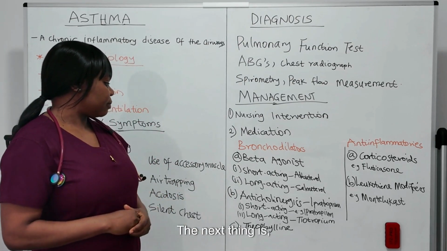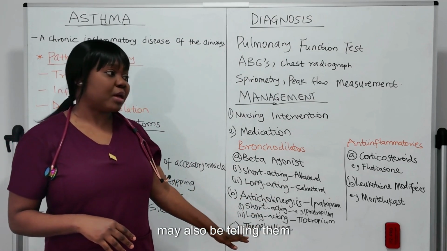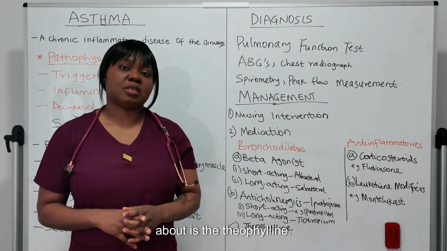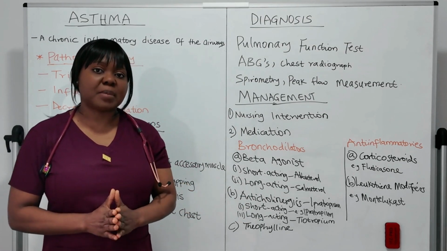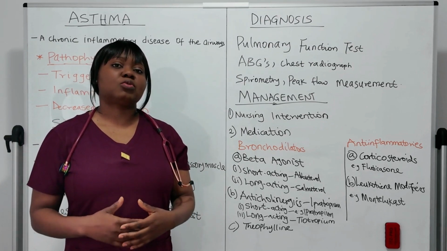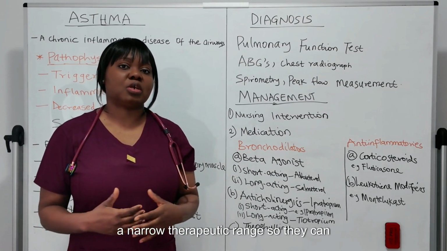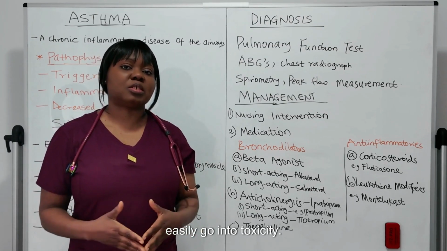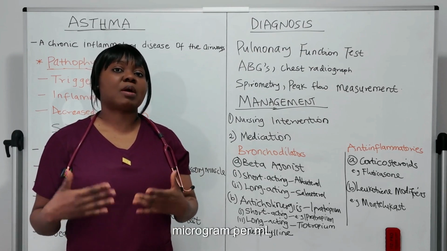The third group of bronchodilators that you may also be telling them about is Theophylline. Theophylline is only available as an oral medication. When they are taking Theophylline, you want to teach them to take it with caution, because Theophylline has a narrow therapeutic range, so they can easily go into toxicity. The normal range for Theophylline is between 10 to 20 micrograms per ml.